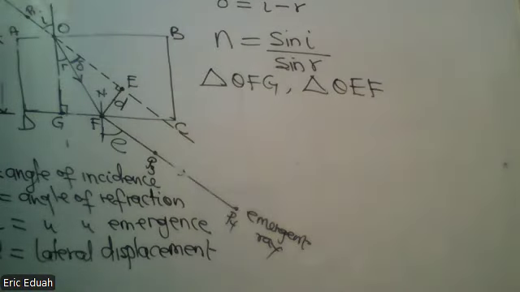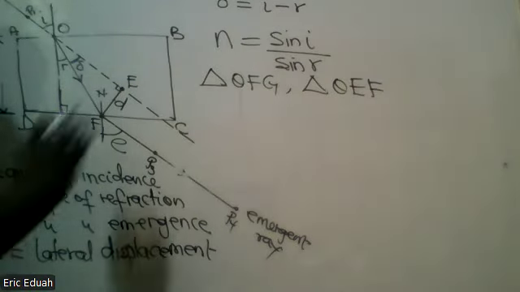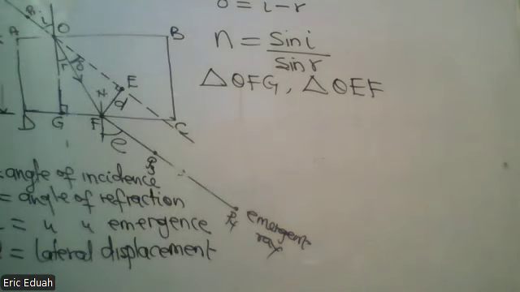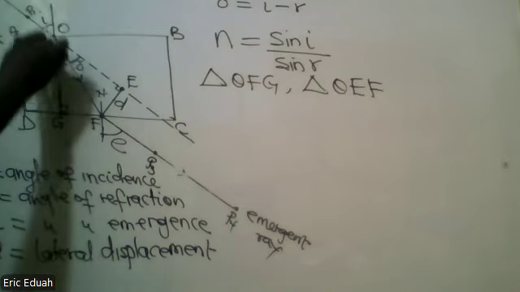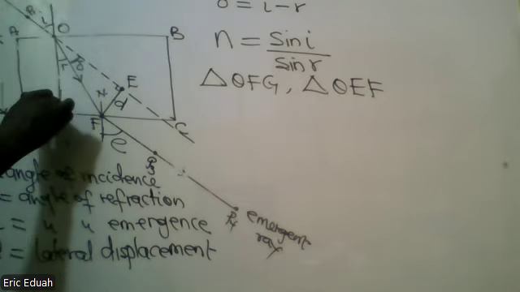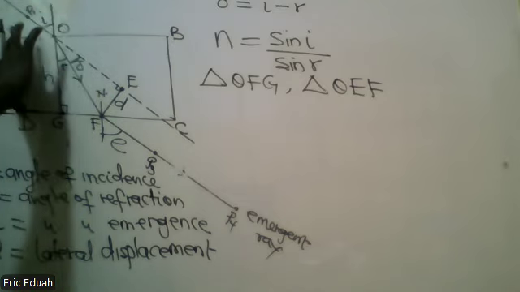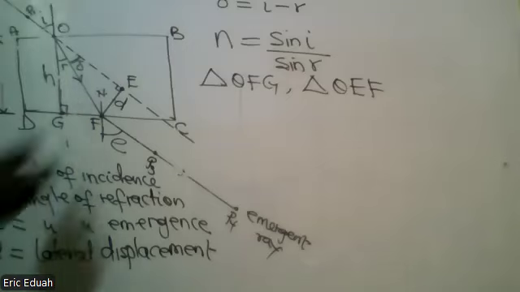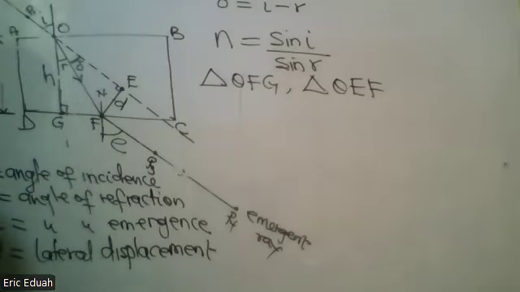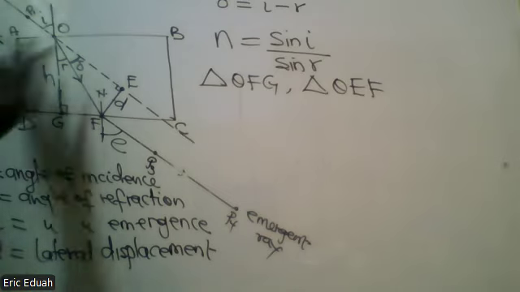Our main aim is to find d. Now we consider triangle OEF. The adjacent side of the triangle is h, the width of the prism. So this can always be measured. Even if you pick a rectangular prism, you can always measure h.